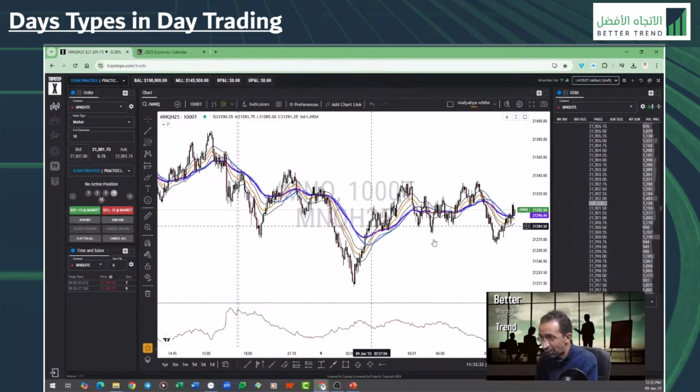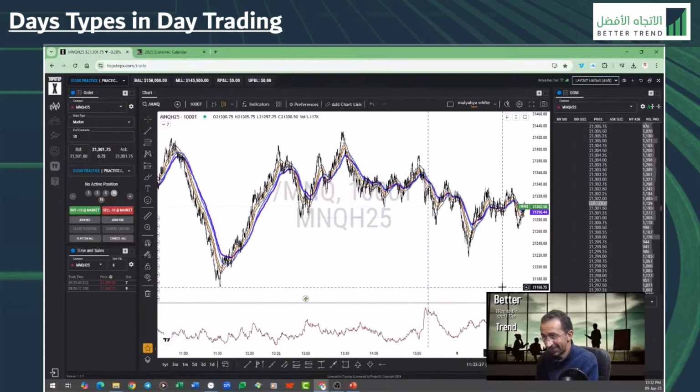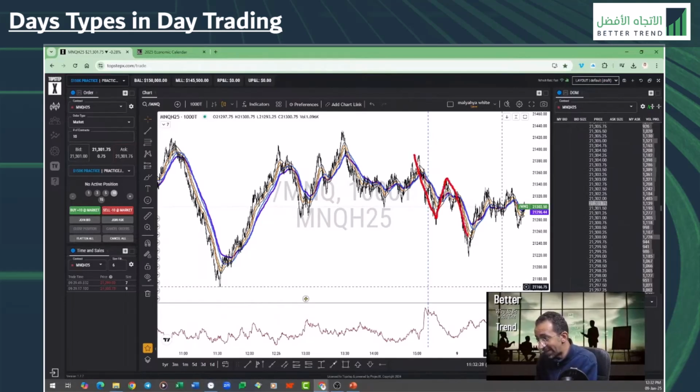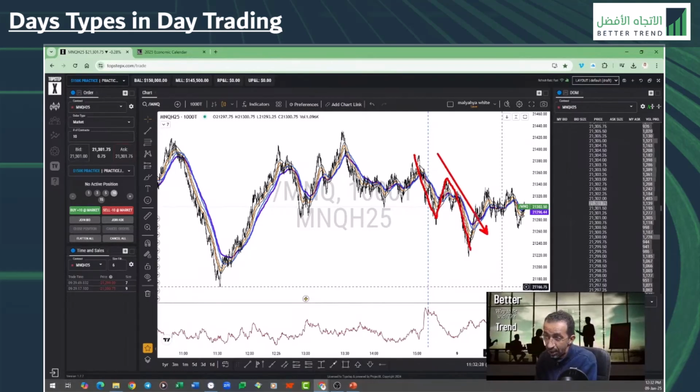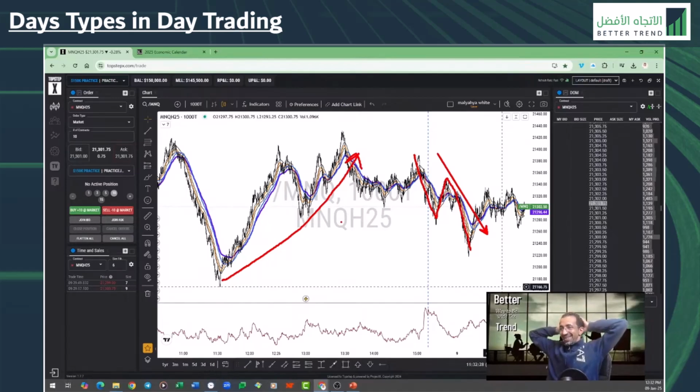So we have to go to the previous day and see. That move, we say it is a one direction day, down. Is this one a continuation of this or a reversal of this? Come on.